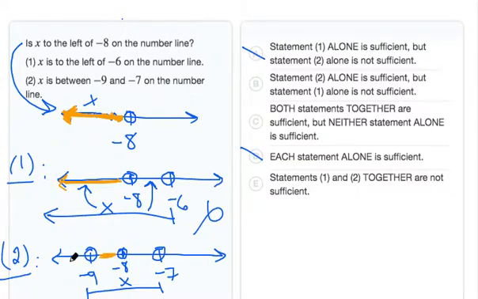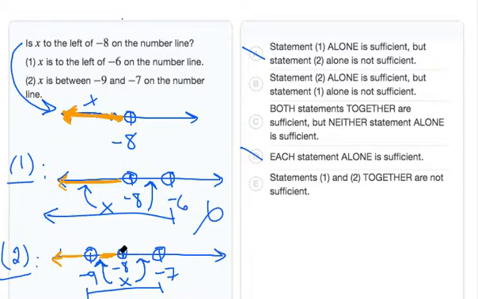So that's over here. Now, where they overlap, x could possibly be in that orange range if it's between -9 and -8, but it could also be somewhere in here. We're not specifically told that x has to be an integer, so x could be -7.5, and that's perfectly fine.